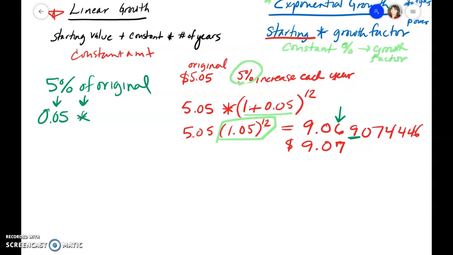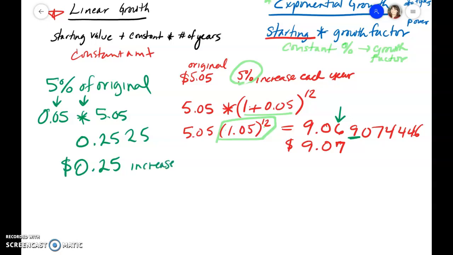The word of means to multiply, and the original pizza price was $5.05. So 5% of that means that there's an increase each year. This is what I have on my calculator screen, but it tells me to round the intermediate calculations. So I'm going to round to the nearest cent. So 0.25, so 25 cents increase per year.